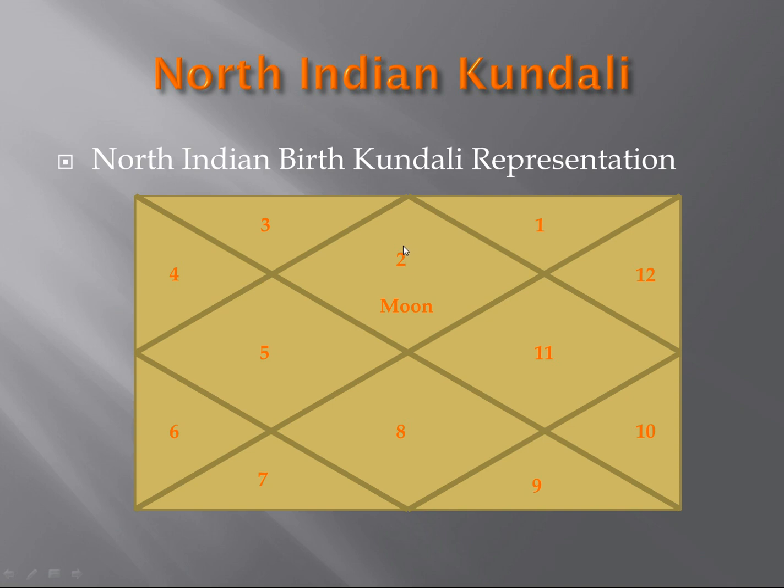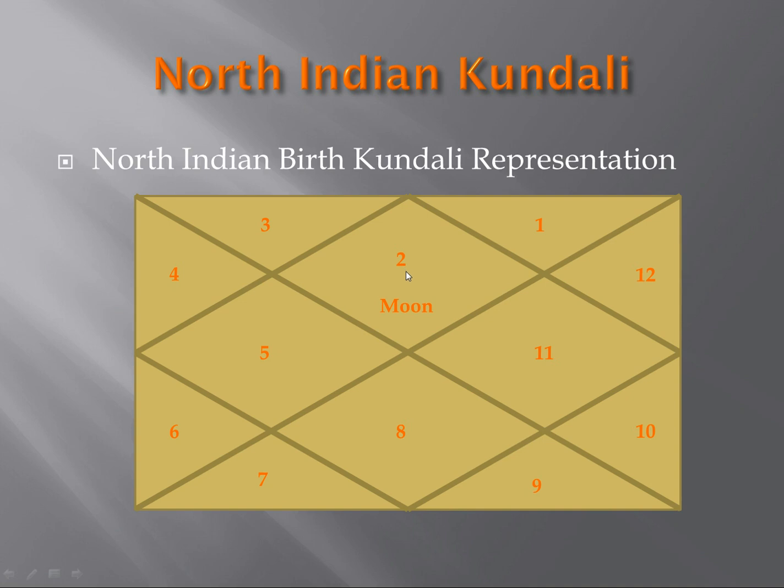But for the representation, this is a birth Kundali. As I mentioned in my previous video, there are 2 ways of creation of Kundali in Vedic astrology. One is from the birth chart and the second is from the rising star.